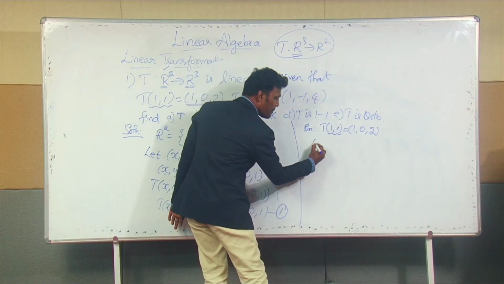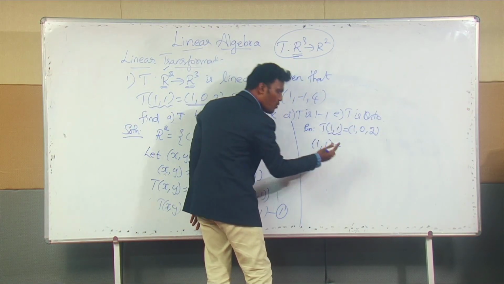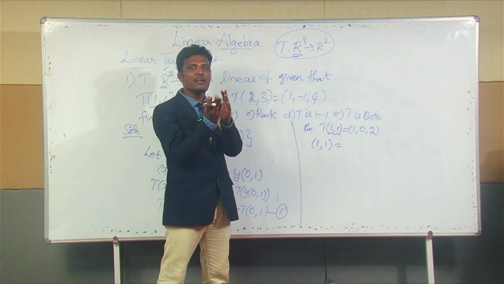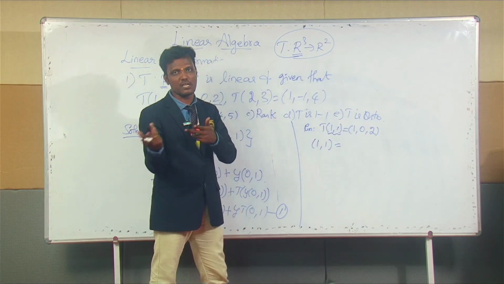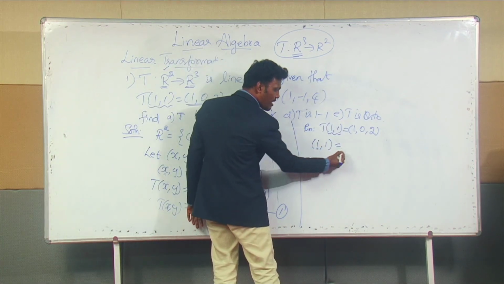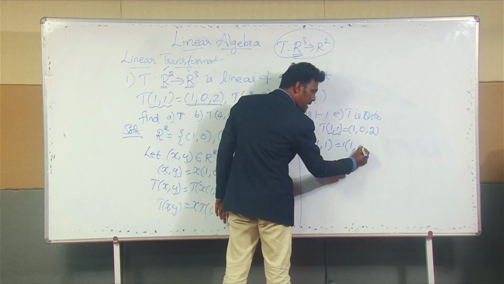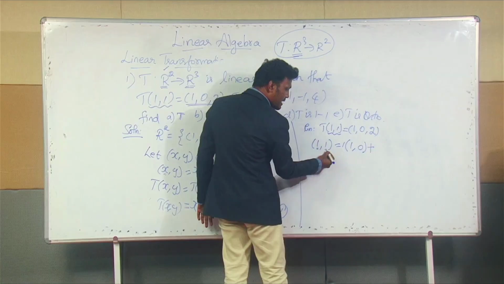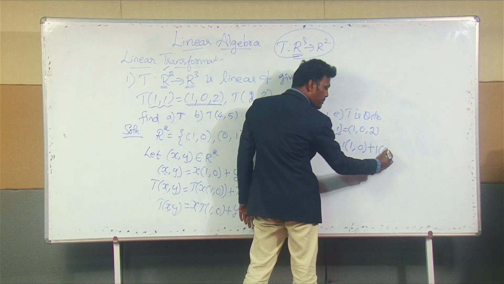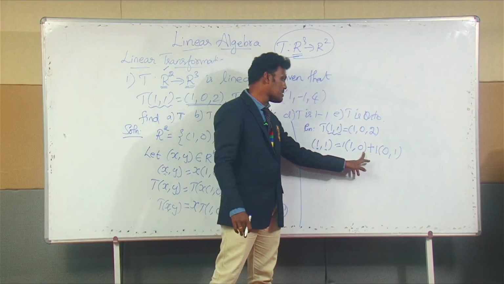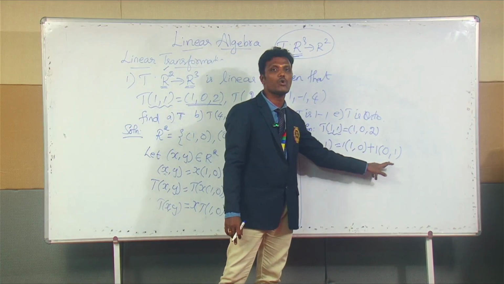So (1,1) can be expressed by taking the first term outside and the second term outside. Simple logic: the first term gives (1,0) and the second term gives (0,1).